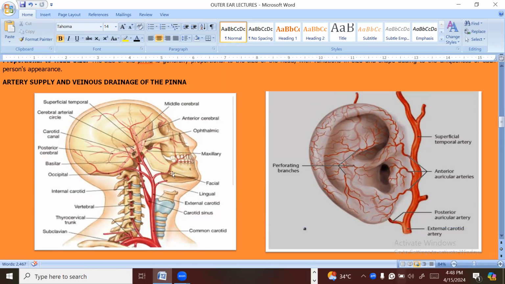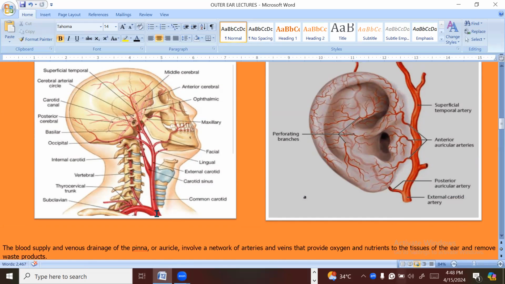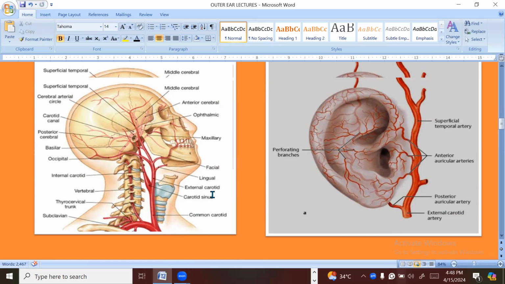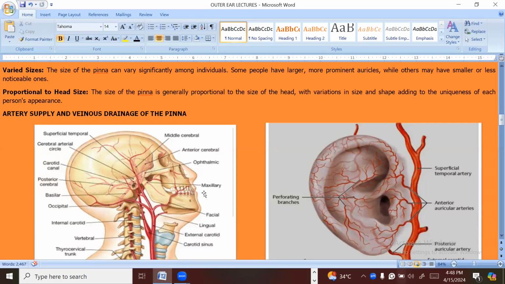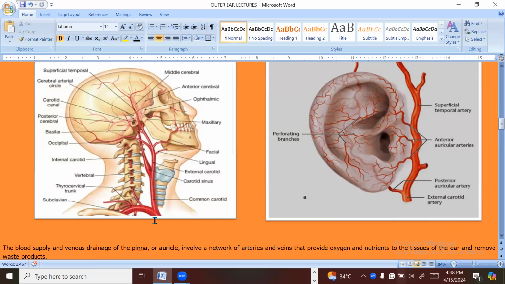Now let's look at this diagram here properly. This is the common carotid artery. The branch of the common carotid artery is the supply to the pinna.